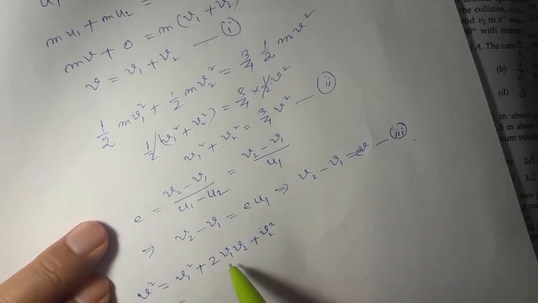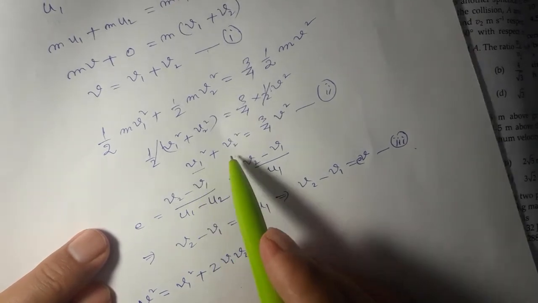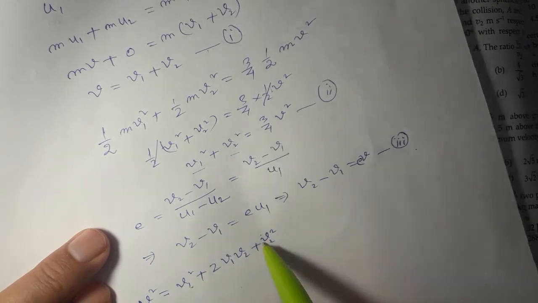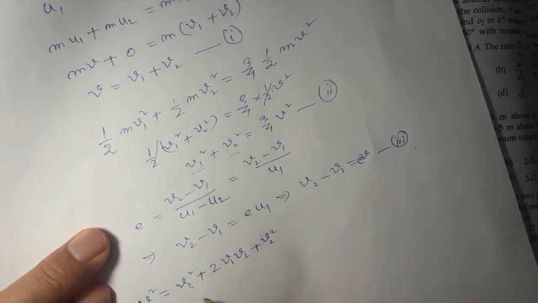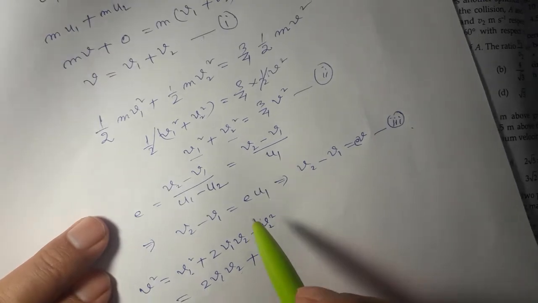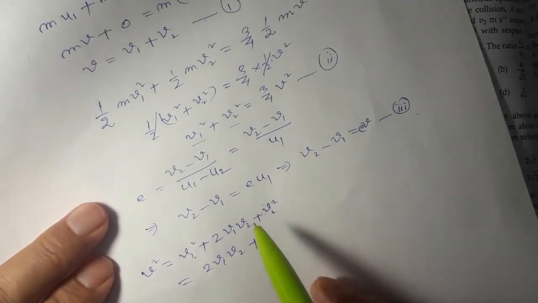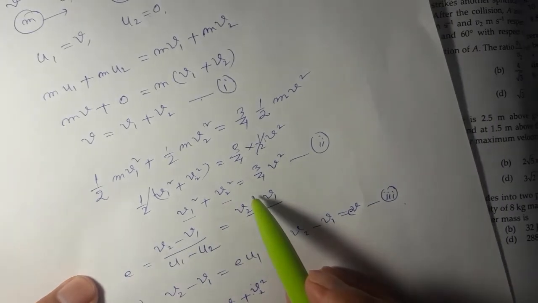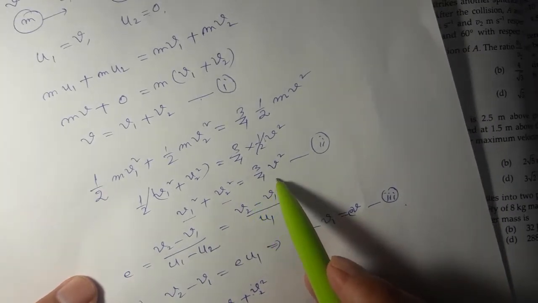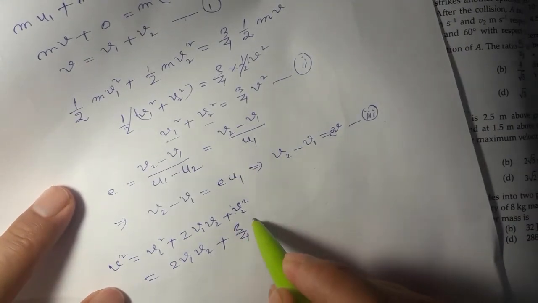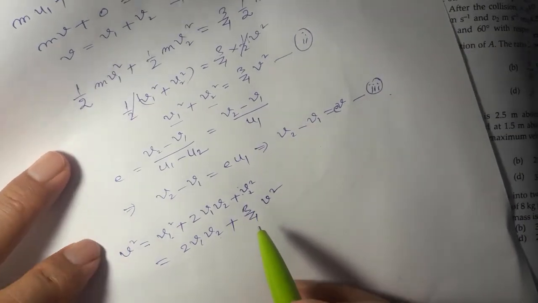This is equal to, and this one v1 square plus v2 square, we already got a value here. These two terms you can put in here. So you have twice v1 v2 plus, instead of v1 square plus v2 square, you can write this equation number 2. So it becomes 3 by 4 v square, like this.